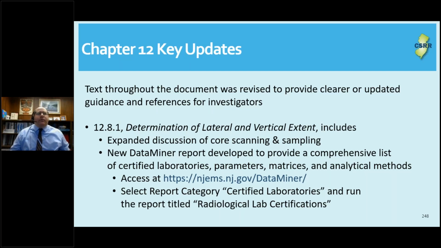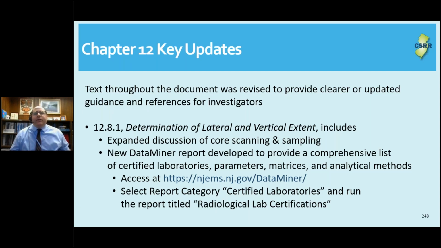Text throughout the document was revised to provide clearer and updated guidance and references for investigators. In section 12.8.1, titled Determination of Lateral and Vertical Extent, there is an expanded discussion of core scanning and sampling, including incorporating US NRC guidance that core soils of no more than 1 meter are composited into a representative sample if a more elevated interval is not identified for sampling.